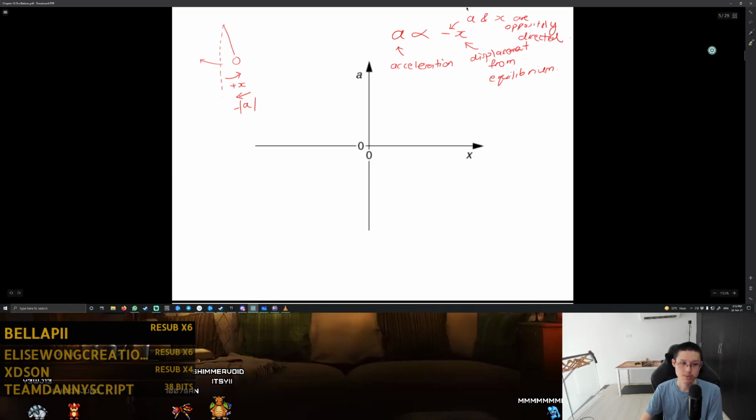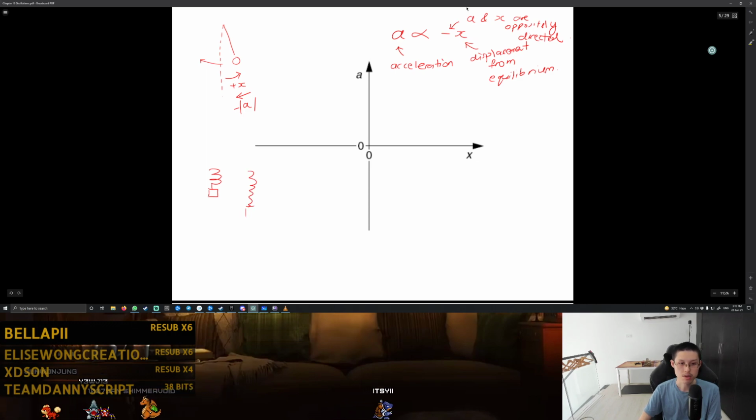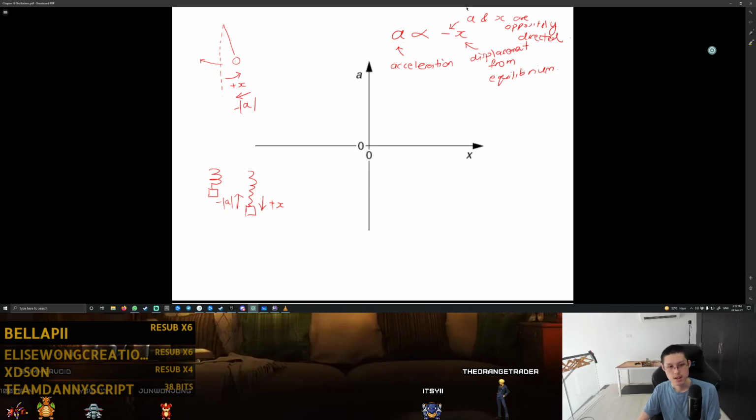Same thing for a spring. If you have a spring, let's say initially it is like this, and then you extend it. So the displacement is, let's say, plus x, but the acceleration is in the opposite direction. So it wants to go back up.